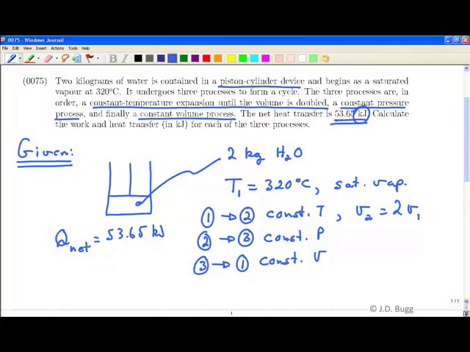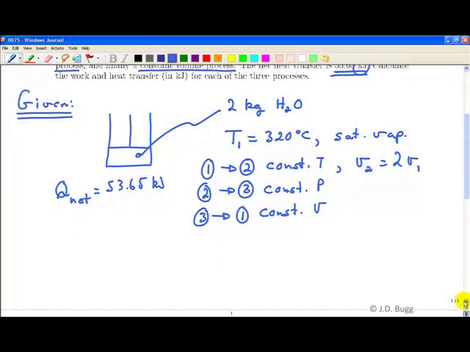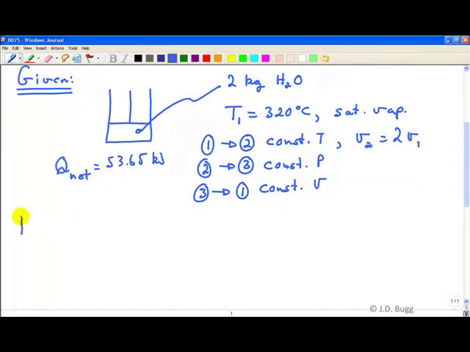Calculate the work and heat transfer in kilojoules for each of the 3 processes. So that's what we've been asked to find. So we'll write that down here. So what we're asked to find is Q and W for each process.